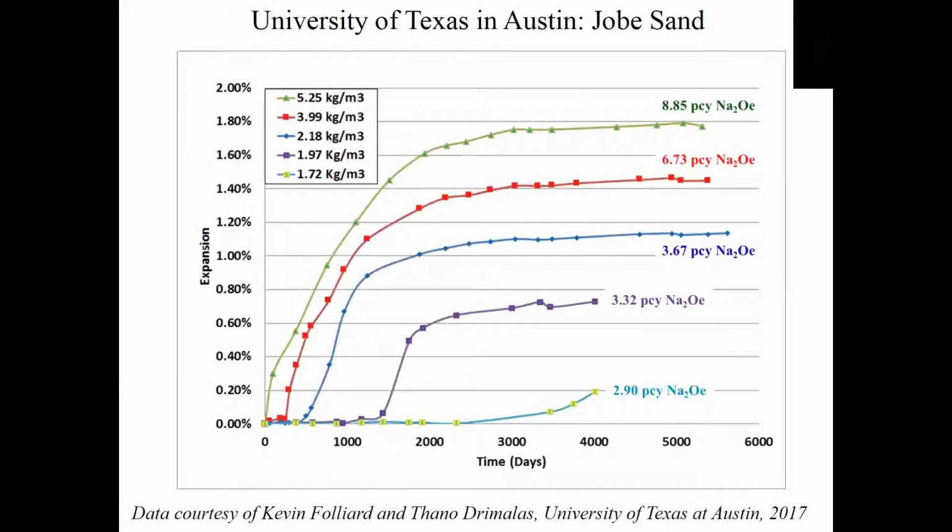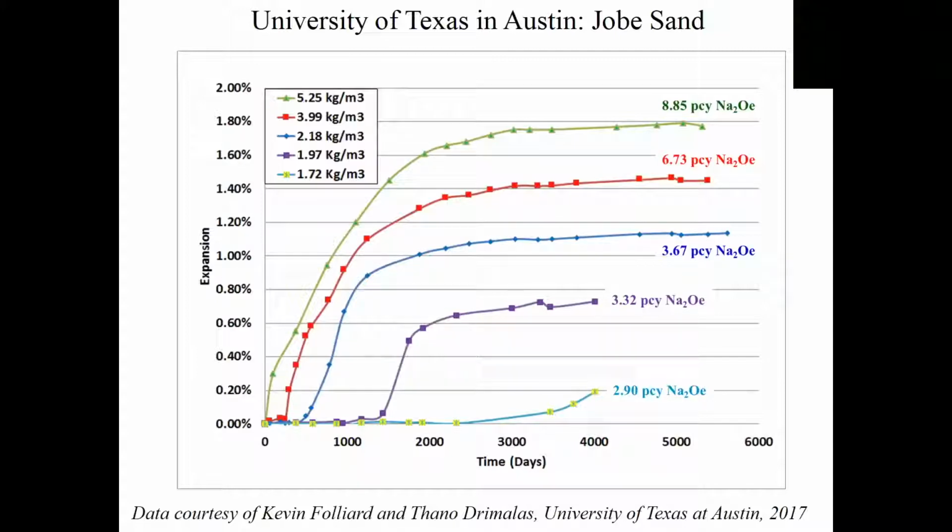I don't want to overemphasize this case, but we're seeing a similar thing in Texas here. This shows the expansion of concrete blocks at the University of Texas as a function of the alkali content in the concrete, in this case expressed in pounds per cubic yard. If you want to put those in kilograms per cubic meter, multiply by 0.6.